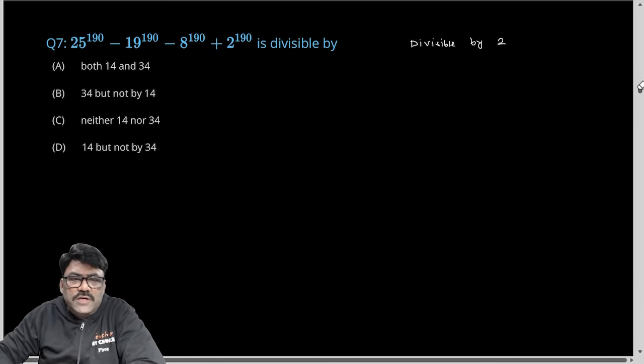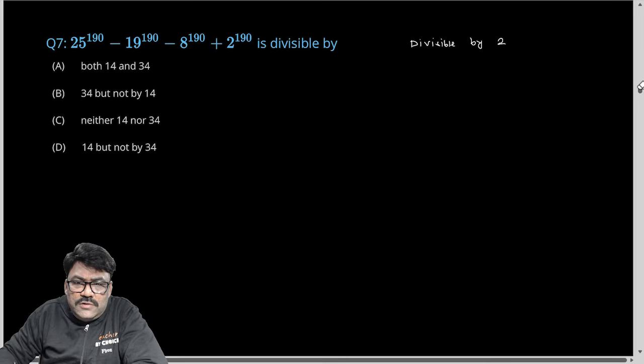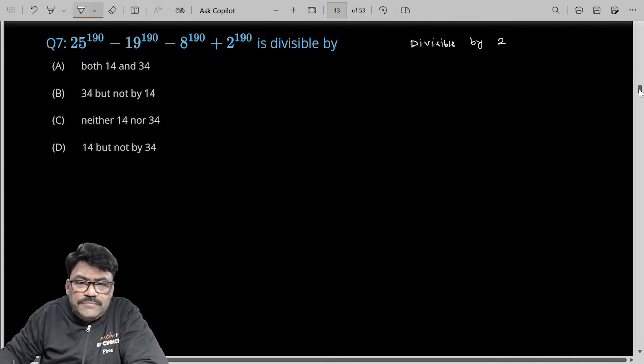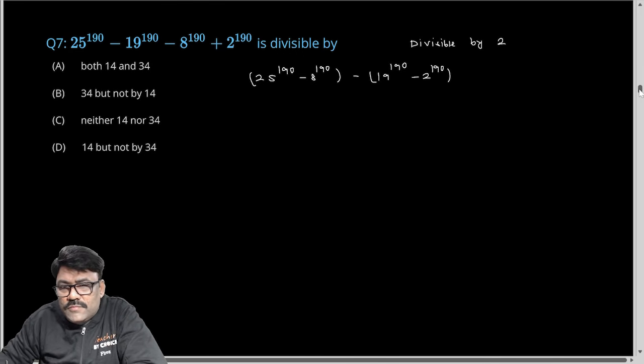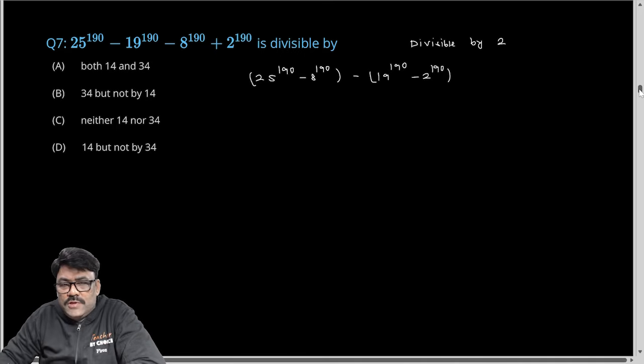So you can see that I can write this one as 25 raised to 190 minus 8 raised to 190, these two together, then minus 19 raised to 190 minus 2 raised to 190. So I just told you a raised to n minus b raised to n is always divisible by a minus b.